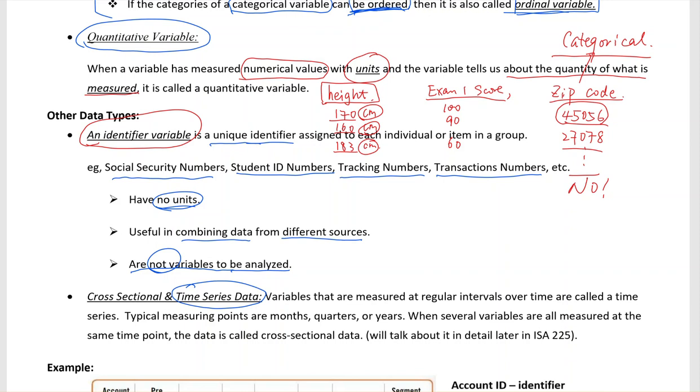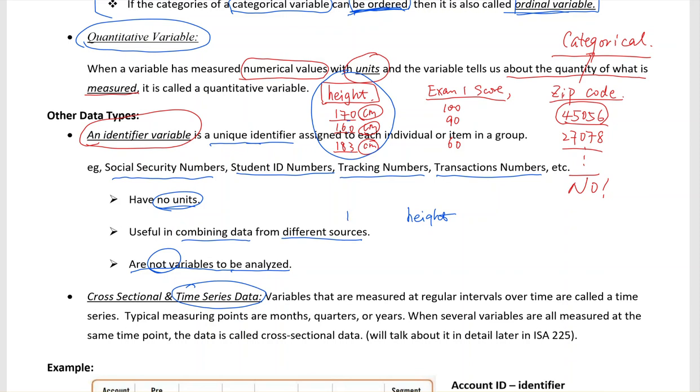For this kind of variable, you measure the height of every student, right? But another kind of variable is still about height, but it is not for every student.